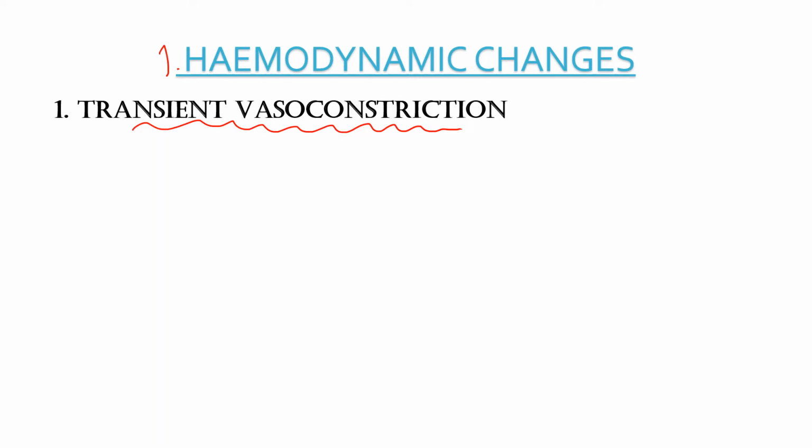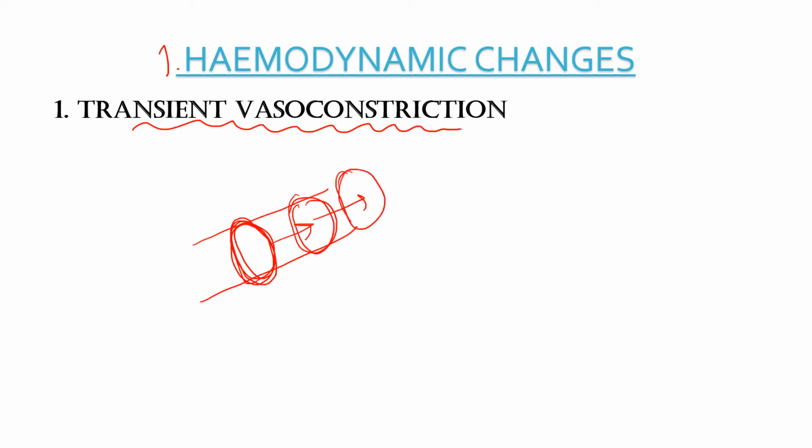If there is an arteriole, a constriction occurs in the area where the inflammation occurs, and this vasoconstriction moves in a short time from one place to the next, and to the next, and this shows the transient nature of vasoconstriction.